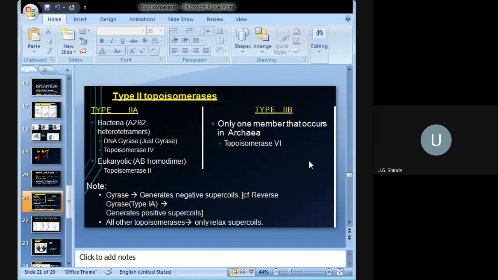So this slide is having all the differences between the two enzymes of type 2A and type 2B mechanism, right? So if you made the differences, you can go ahead for having the point-wise mechanism.